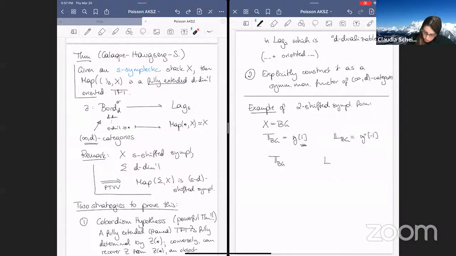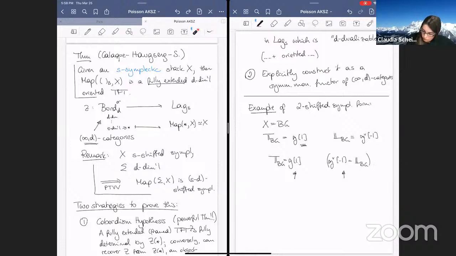But this here is a chain complex concentrated in degree +1, and this one is concentrated in degree -1. So I will never have an isomorphism here, as chain complexes, or even a quasi-isomorphism, there's no way I can get that.